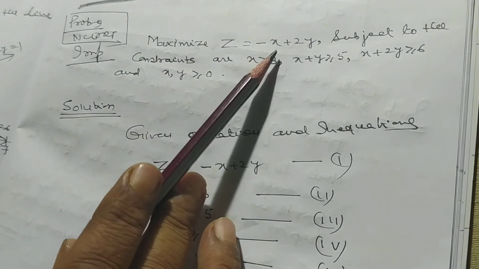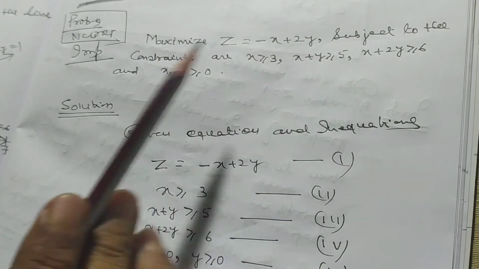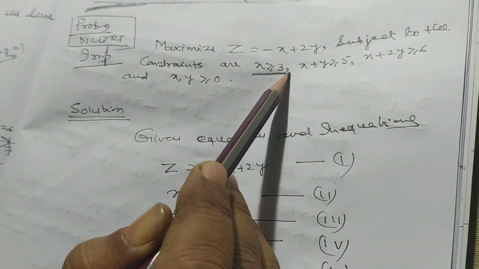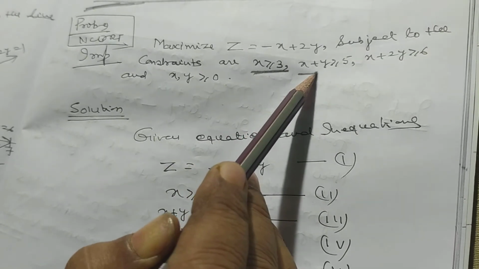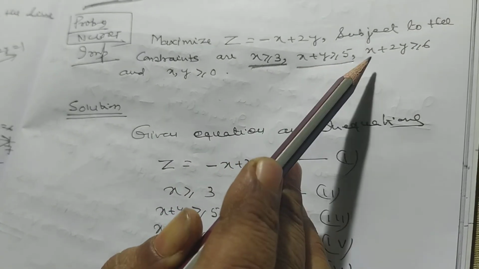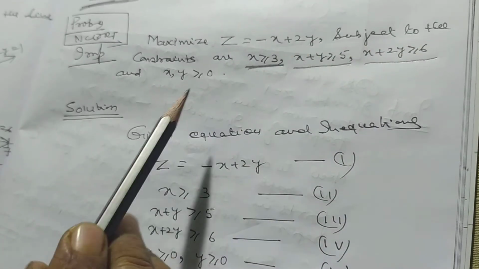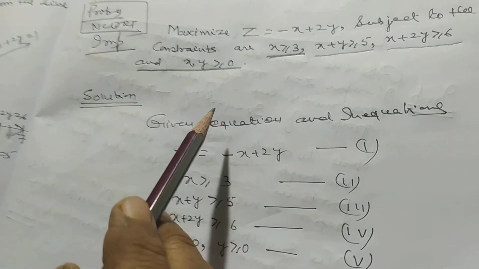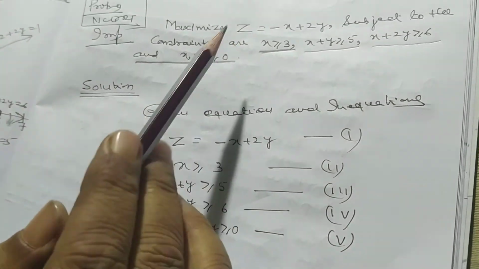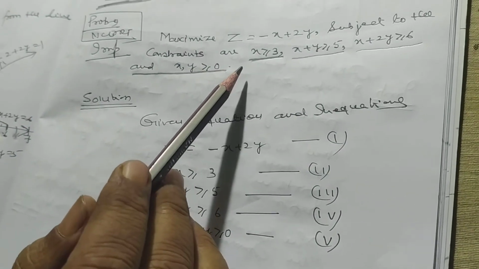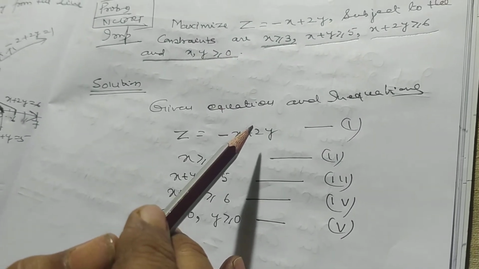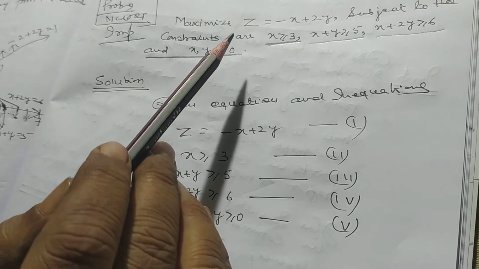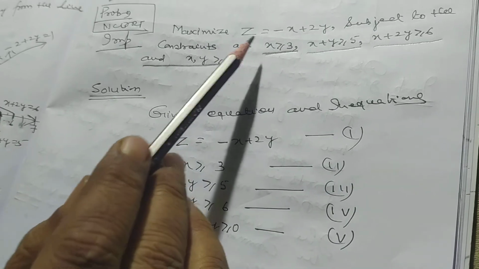Maximize z is equal to minus x plus 2y subject to the constraints x greater than equal to 3, x plus y greater than equal to 5, x plus 2y greater than equal to 6, and x, y greater than equal to 0. By taking help of the objective function and these constraints, we want to solve this problem. We want to get the maximum value of this z.